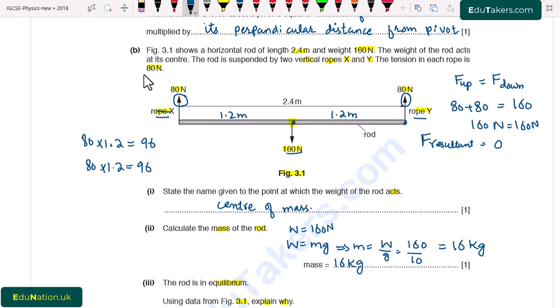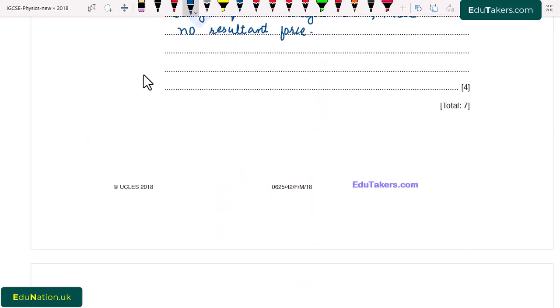So I write here, also no resultant moment about any point, due to clockwise moment being equal to anti-clockwise moment.